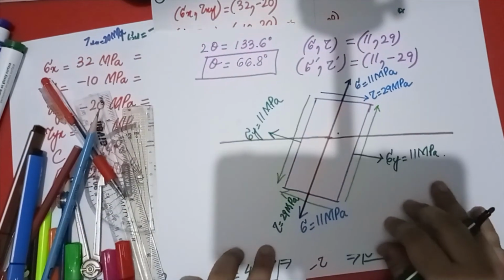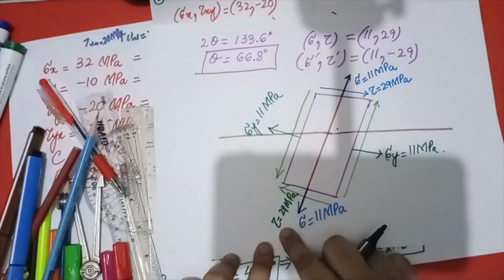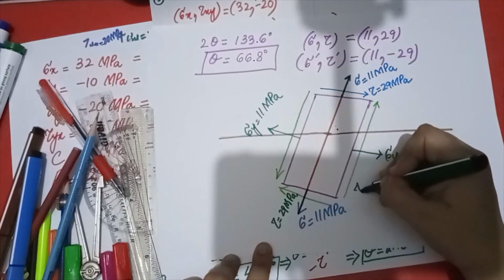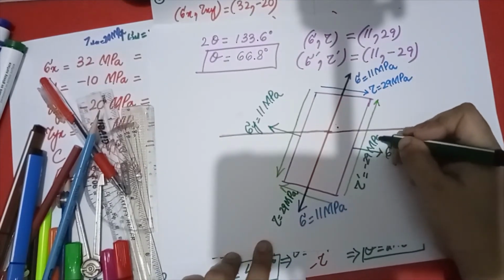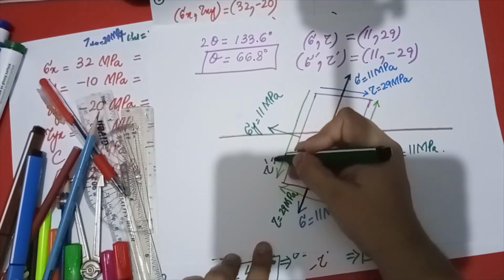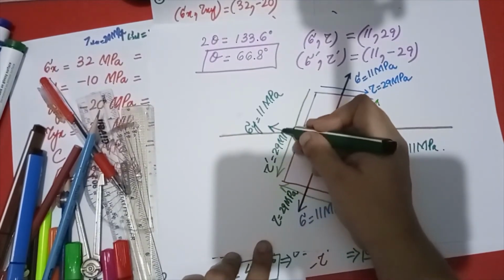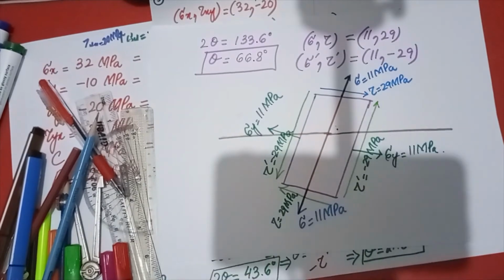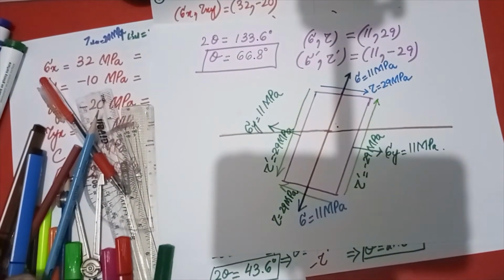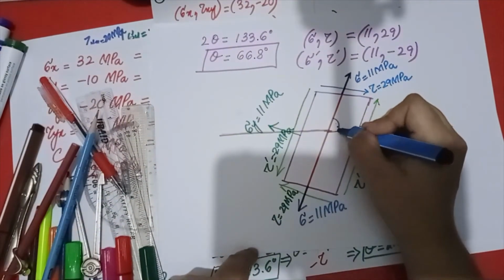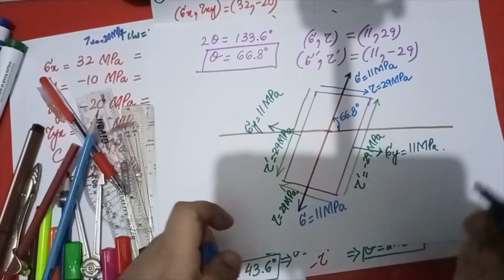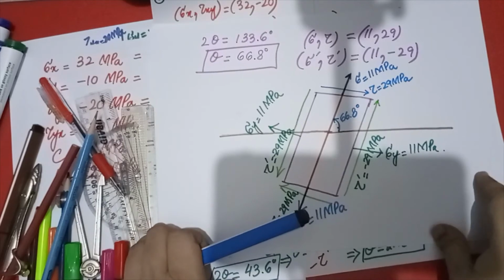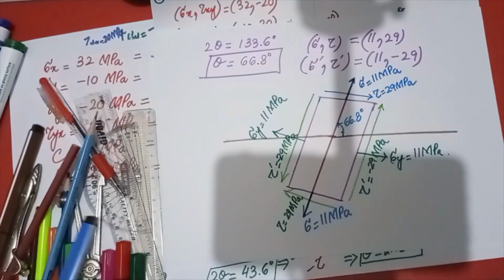Is it visible to all of you or not? Yes. This should be tau dash, so it is minus 29 MPa. And this will be tau dash, and it is minus. It is understood. Now let me tell you the angle. This angle is 66.8 degrees. So this is the way to make the differential element.